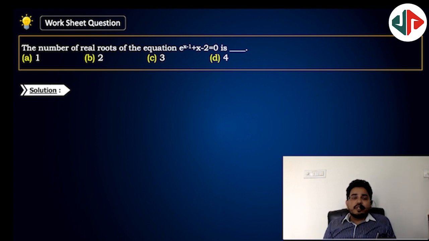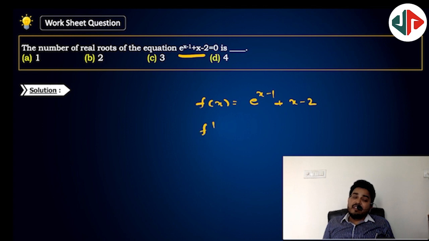Number of real roots of this function e power (x minus 1) plus x minus 2 is equal to 0. Okay. So clearly if I take f of x is equal to e power (x minus 1) plus x minus 2, here I can do it in different ways. f dash of x is equal to e power (x minus 1) plus 1, which is greater than 0 always.